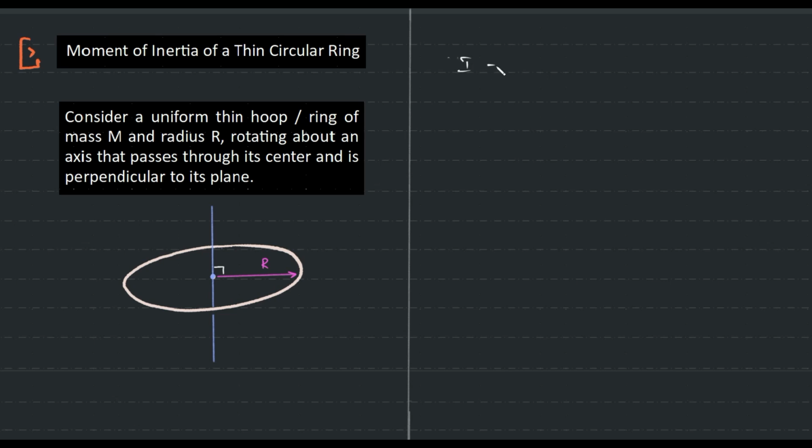So first thing first, I is equal to r square into dm. This is the formula that we'll use. First we look at r.